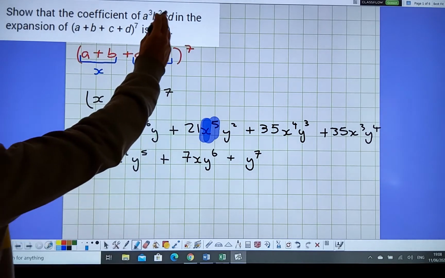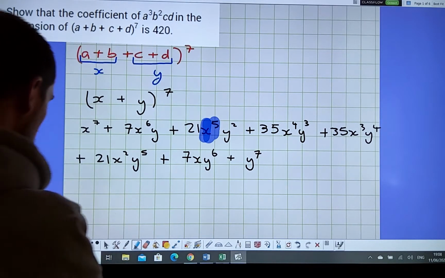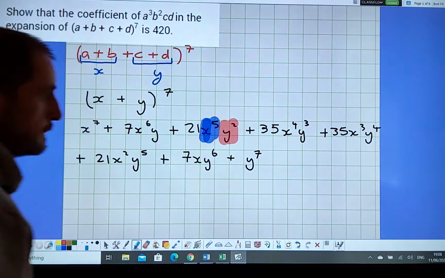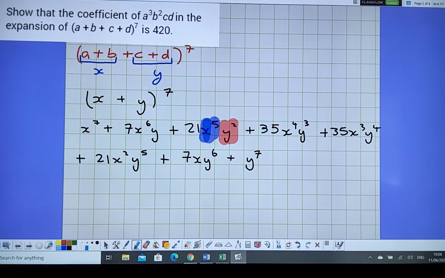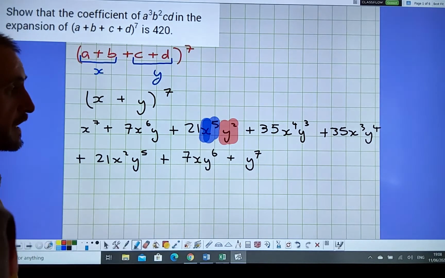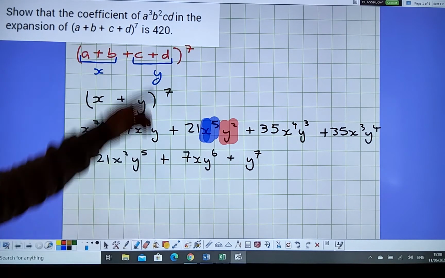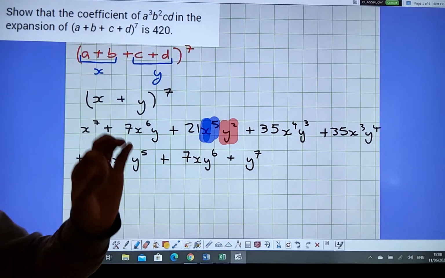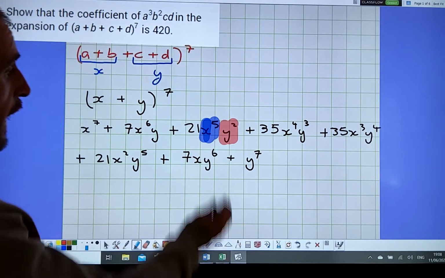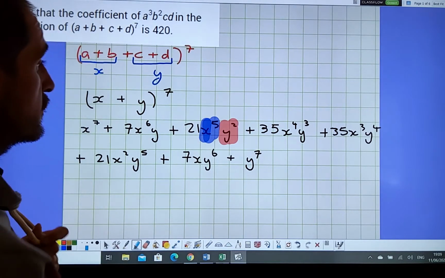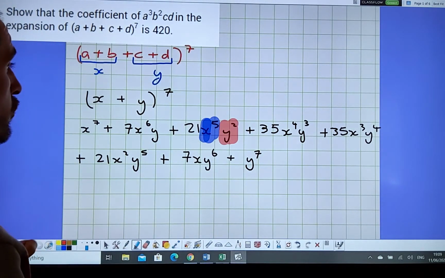But you also know c to the power of 1 and d to the power of 1, okay, is 2. So that's the expansion we're working on. So that's what it is there when that's expanded. Okay, so we're going to get a plus b to the power of 5, and when we get a cubed b squared, whatever that number is, we're going to multiply it by 21, and the y squared is going to be c plus d squared, and whatever that is. So that should equal 420.